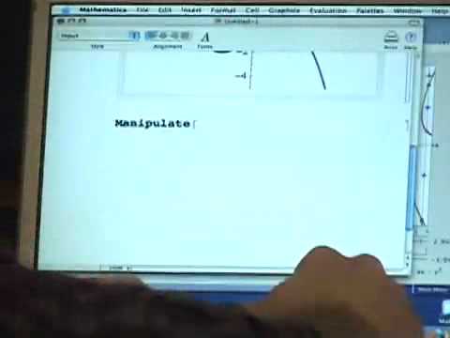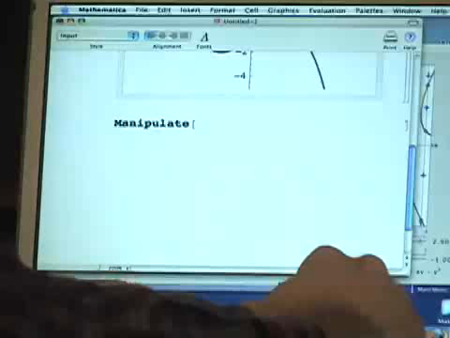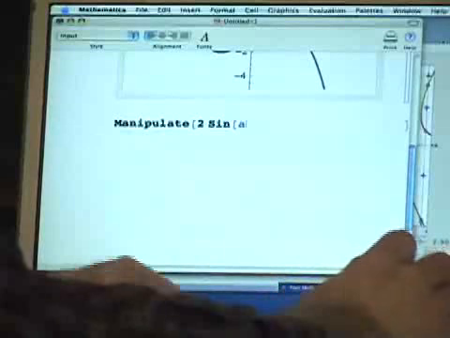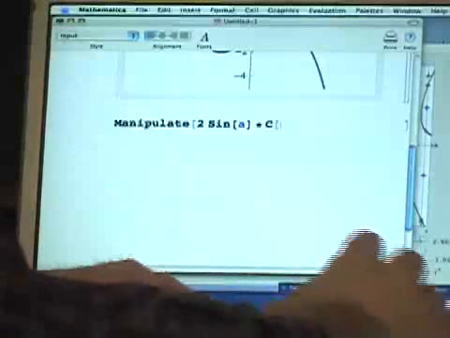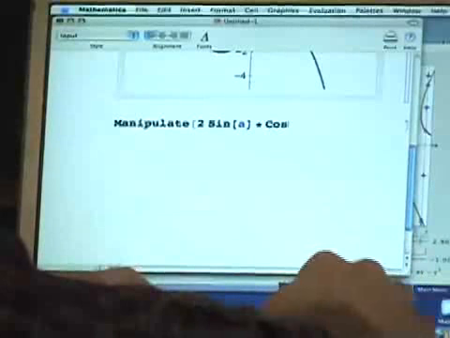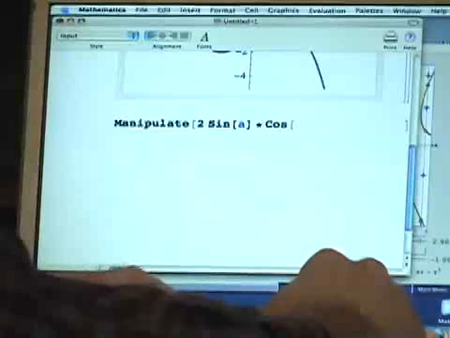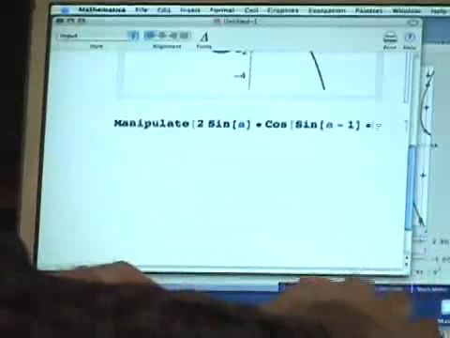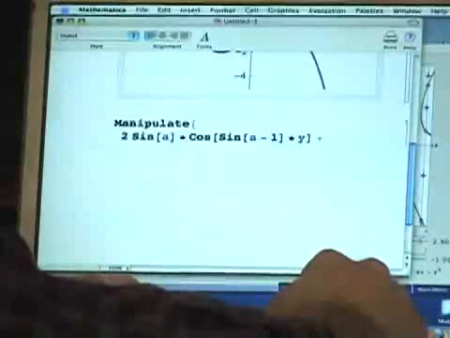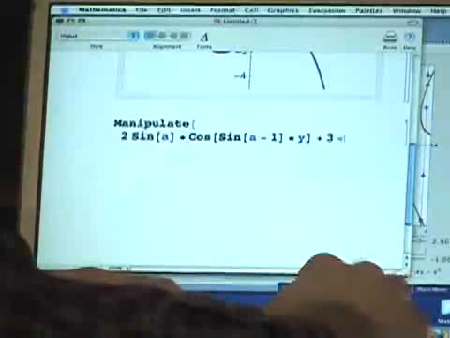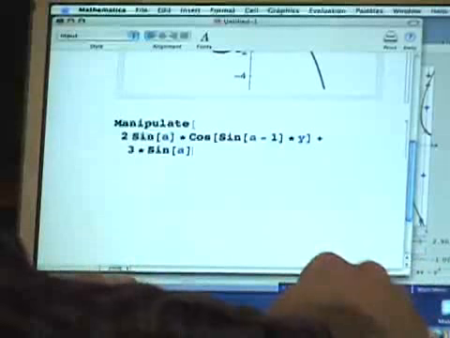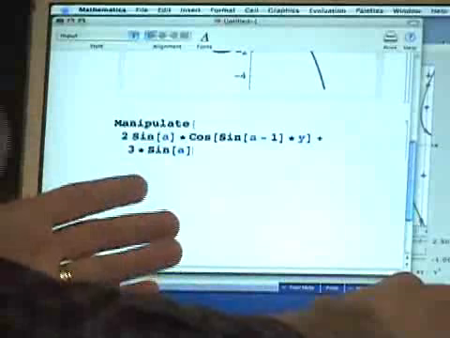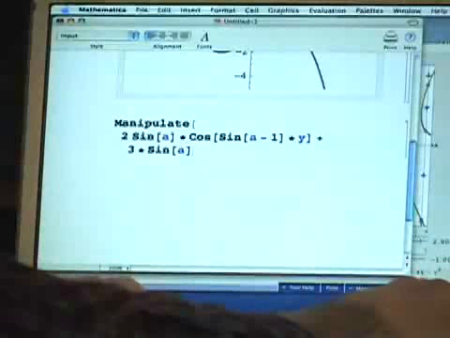Imagine dy/dt equals, say, 2 times sine of a times cosine of sine of a minus 1 times y plus 3 times sine of a. Imagine that's your equation. Okay, so dy/dt equals that thing. y is the variable, a is a parameter.